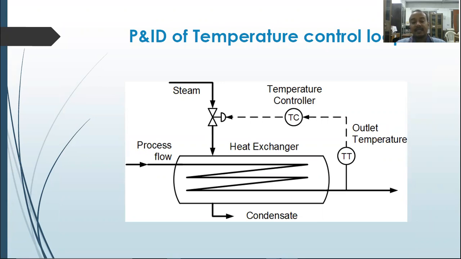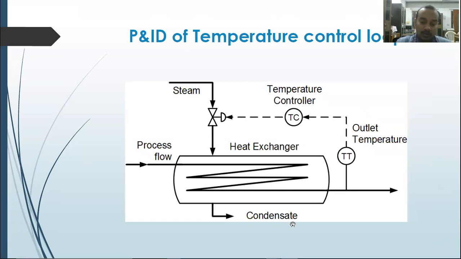Now we are taking four examples through which you can get the idea about loops using P&ID diagrams. First, the P&ID of a temperature control loop. A process is flowing through this chamber, which is a heat exchanger, in which the temperature is increased by steam, and after the heat is exchanged to the process, the steam will condense.